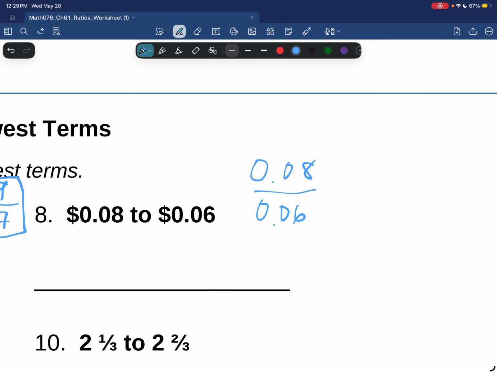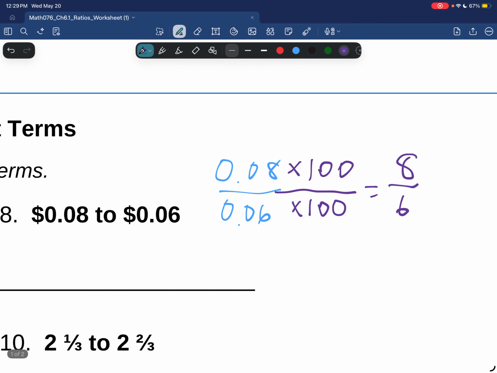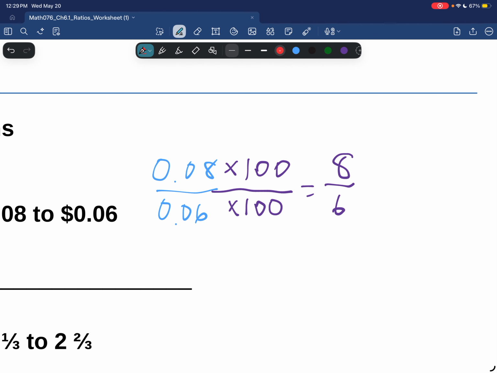So now I'm going to multiply the numerator by 100 and my denominator by 100, and when I put this in my calculator, 0.08 times 100 gives me 8 over 6. And then I want to reduce. I notice they're both even, so I'm going to divide both by 2, and I get 4 over 3.